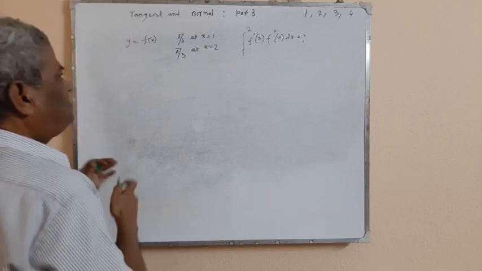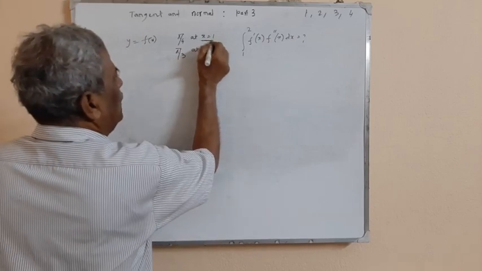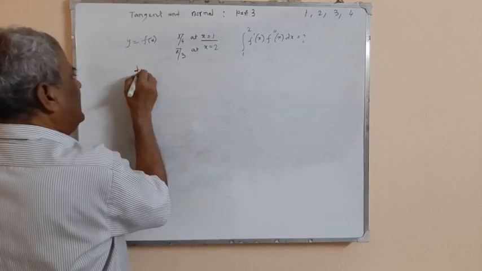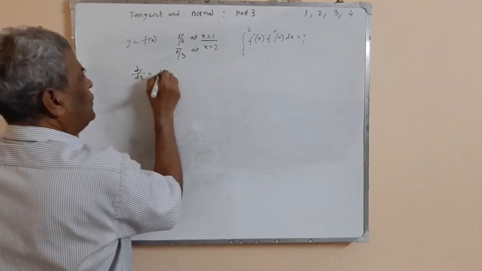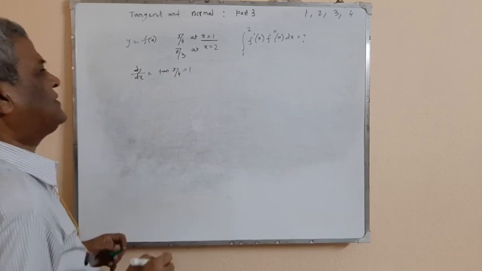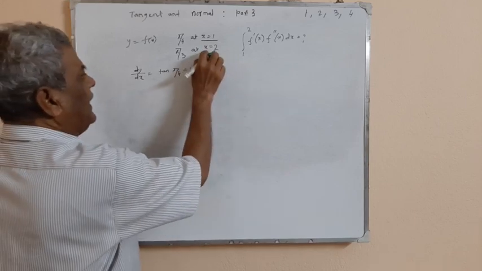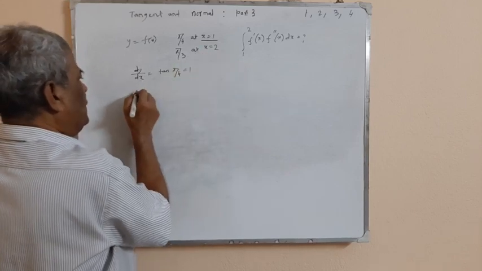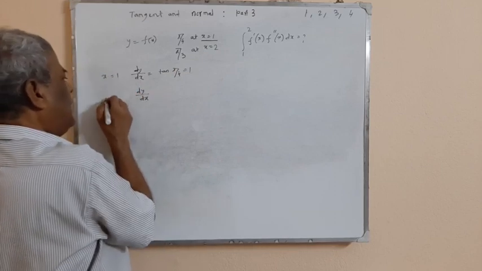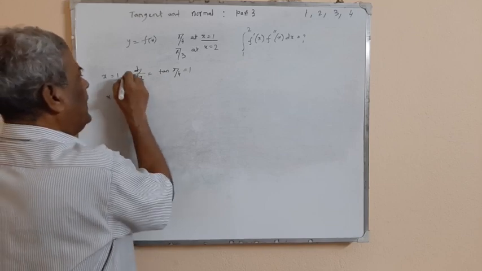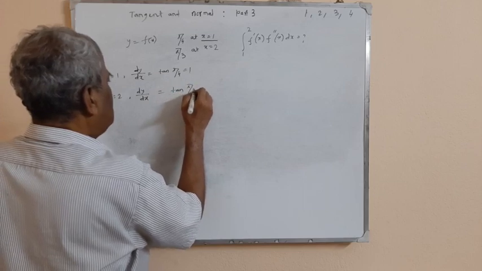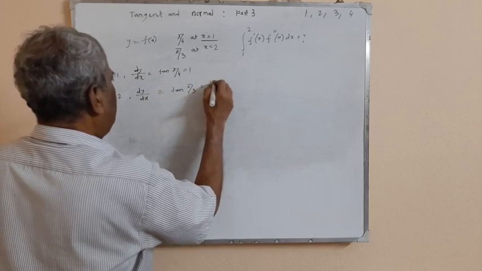So given that at x is equal to 1, the tangent makes an angle pi by 4, dy/dx is equal to tan pi by 4, that is equal to 1. And at x is equal to 2, dy/dx is equal to tan pi by 3, that is, it is equal to root 3.